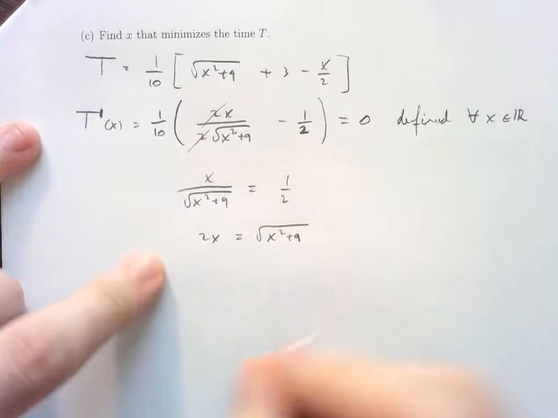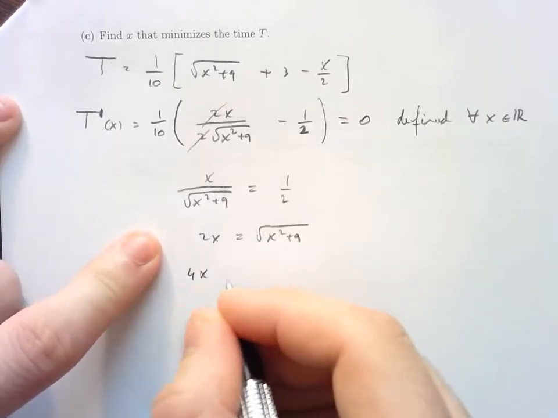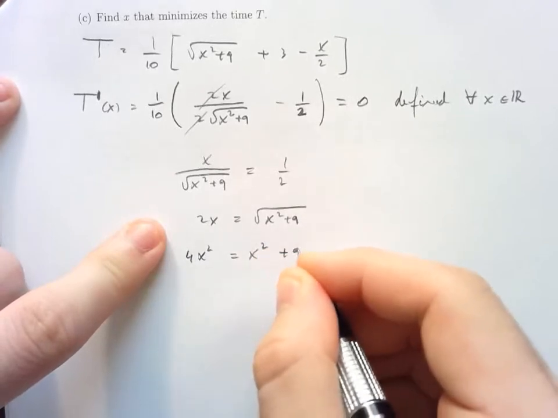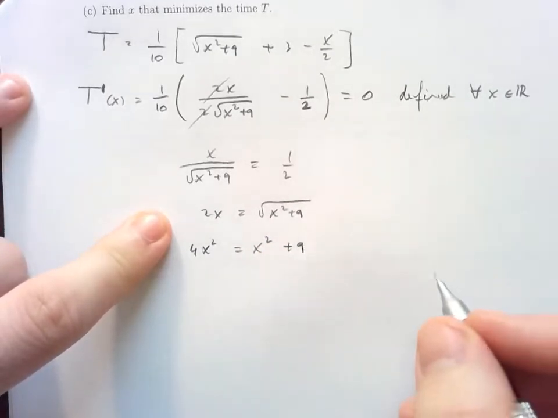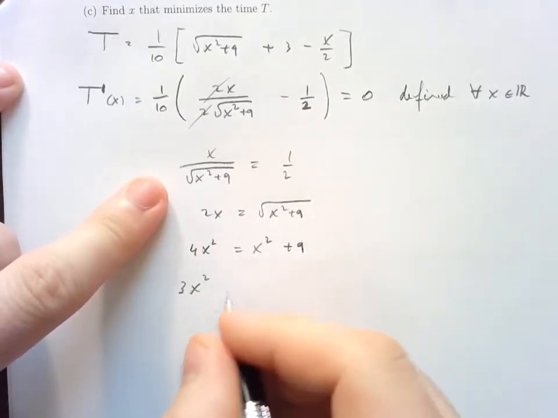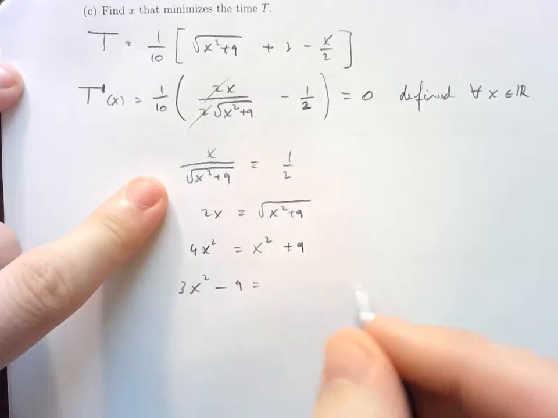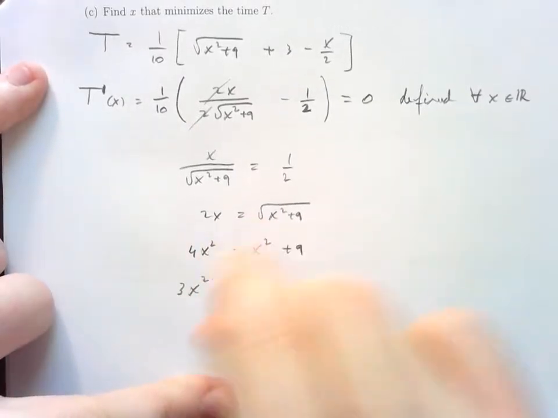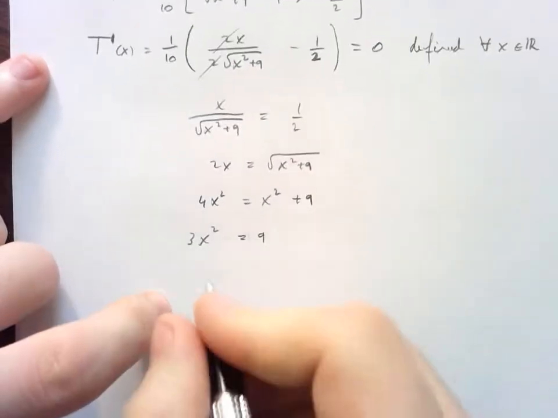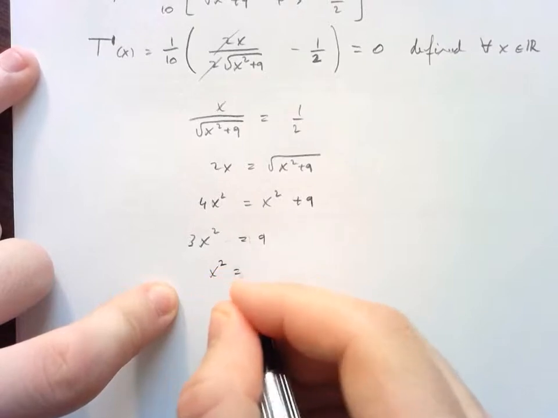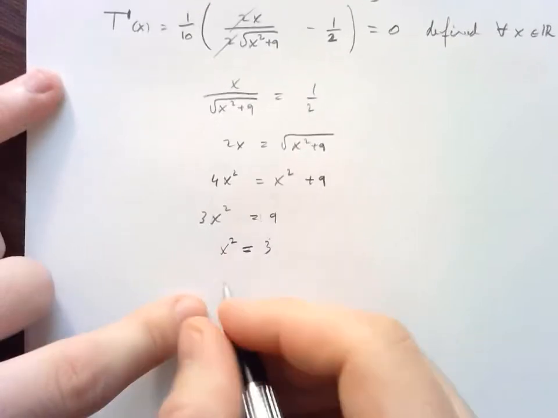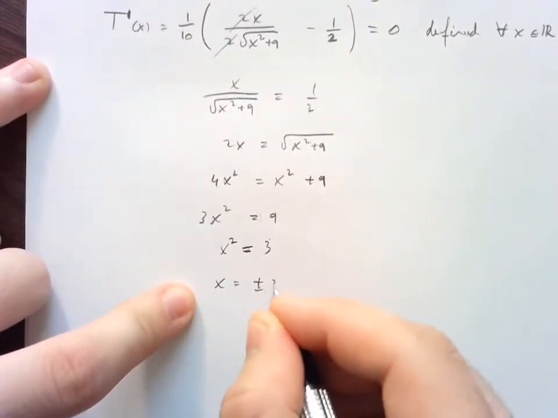Let's square both sides. I end up with 4x squared equals x squared plus 9, which now allows me to combine the square terms together. I have 3x squared equals 9, divide by 3, so x squared is equal to 3, which means x is plus or minus square root of 3.